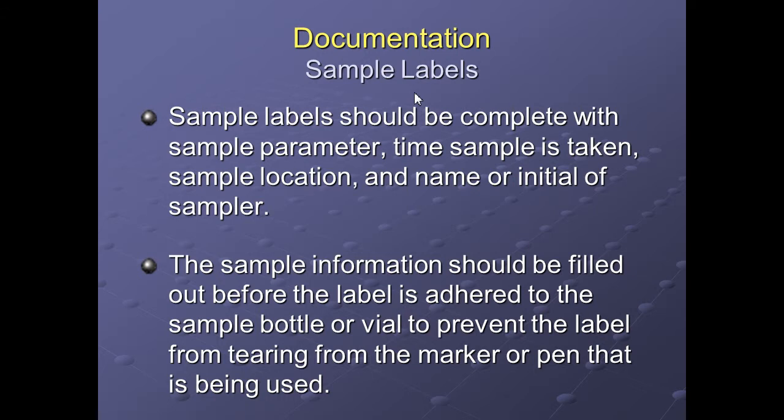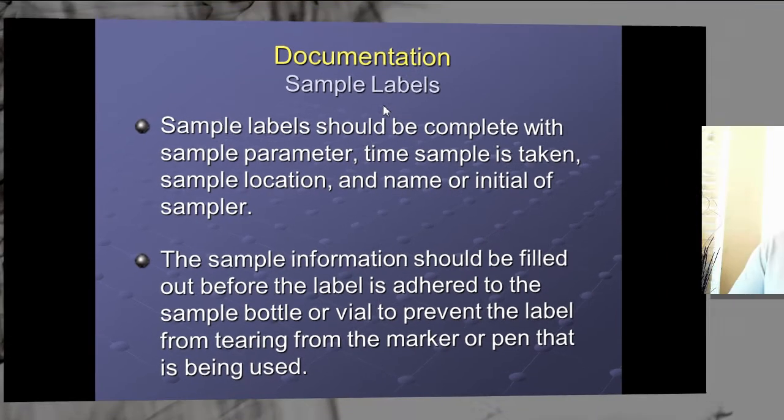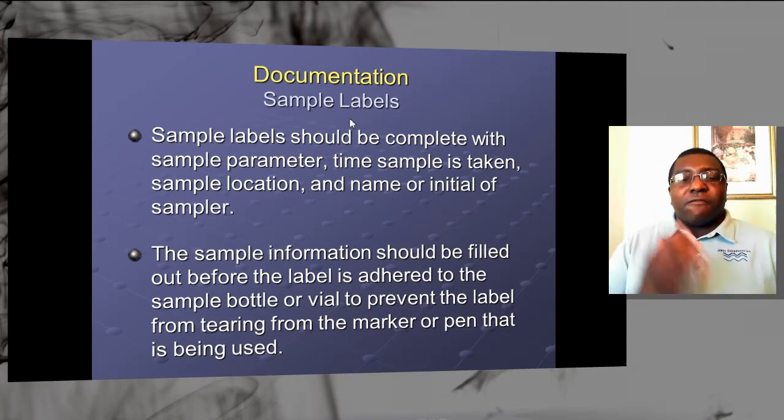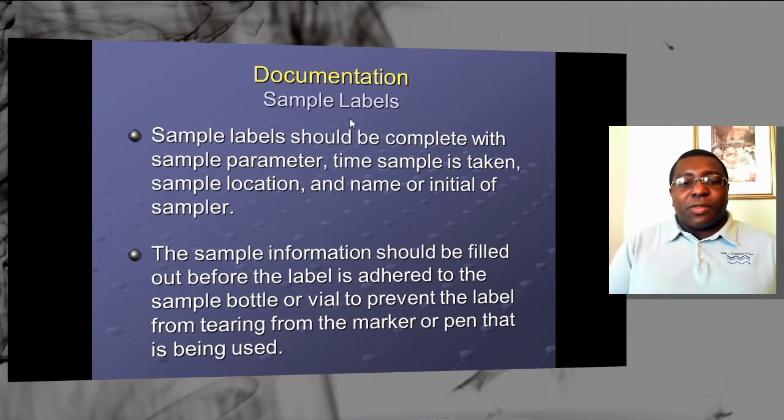So sample location A, sample location 1002, whatever you decide. And in some cases your permit tells you exactly where that sample location is. So you look at your NPDES permit and you find that location and you label it so everyone knows this sample point is the same point that is in the permit.